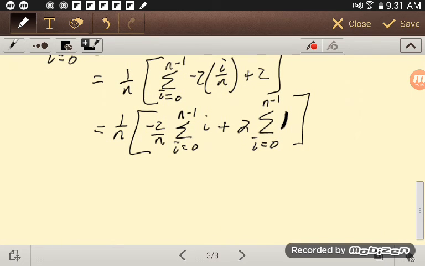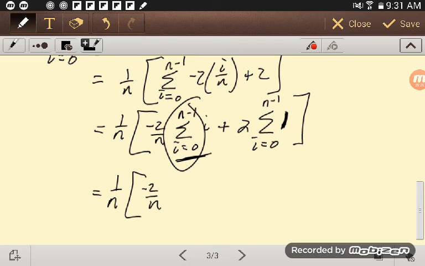Okay, now we can handle this one of two ways, but the easiest way for me anyway is to say, I've got 1 over n, I've got my minus 2 over n. Now to evaluate this thing, remember it's of i, so since i starts at 0, I'm really adding the numbers from 1 to n minus 1.